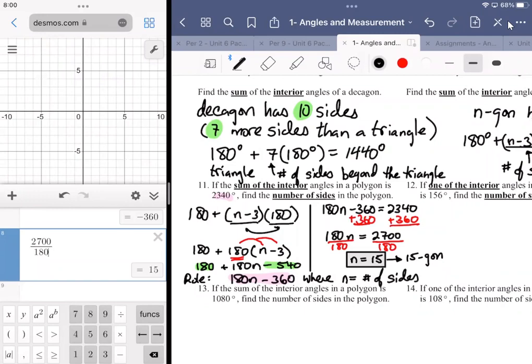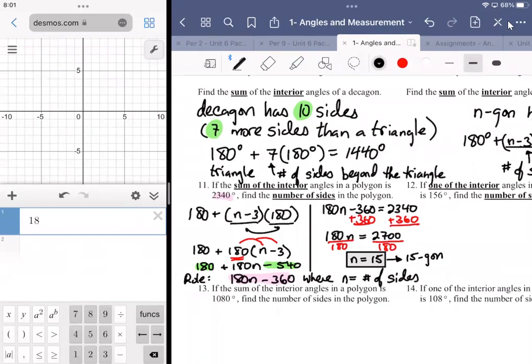But let me just show you on Desmos how you could handle this. Because Desmos is really good with number crunching. I don't want to make it too fancy. So you could put a rule in any form. I could put it in the unsimplified form or the simplified form.